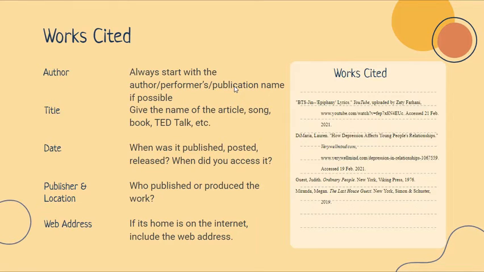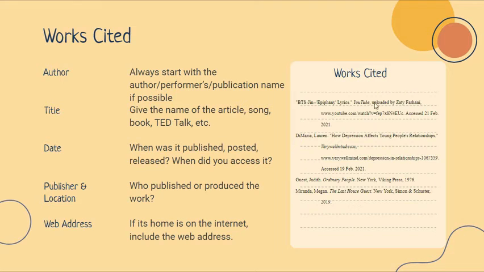Once in a while, you find something online that doesn't attribute an author's name, like sometimes newspaper articles just list a person as staff. So then you start with the title first and then the publication and so forth. But essentially you need the author, the title, the date, the publisher and location, and sometimes a web address if its home is on the internet.